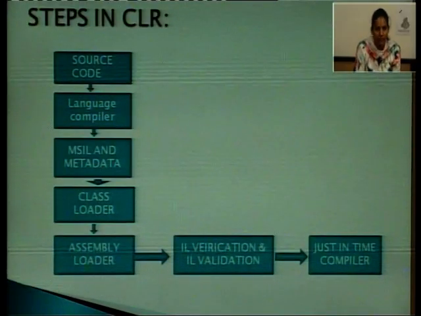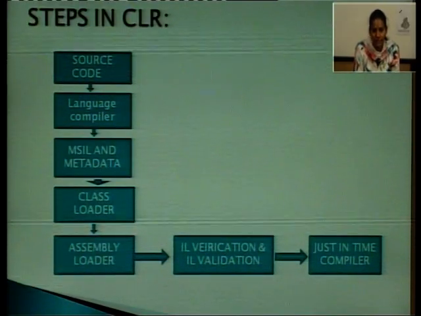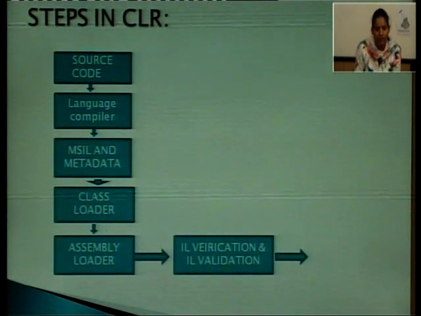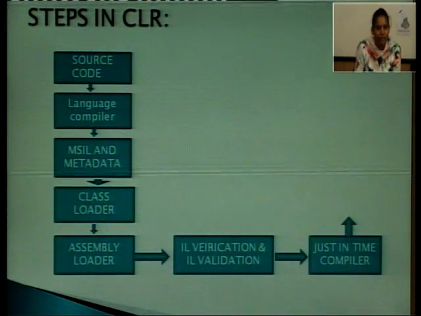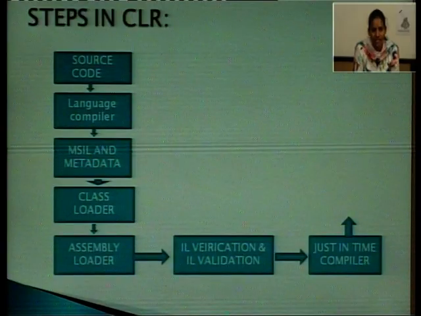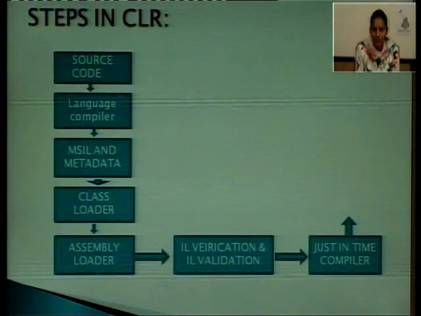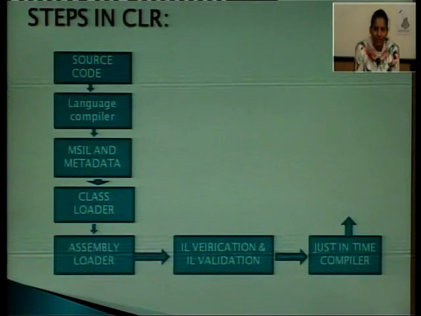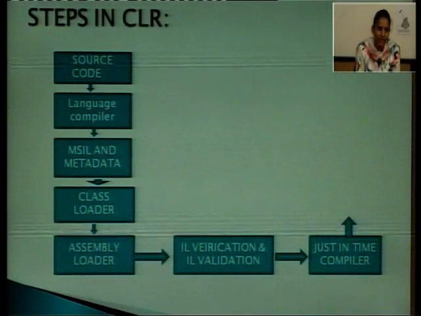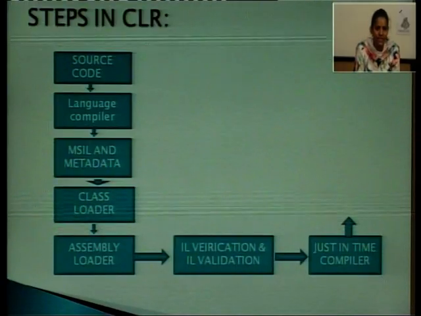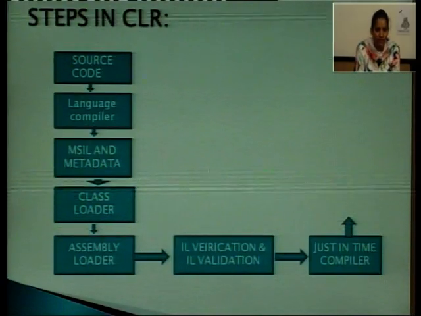So when we first execute an application in the .NET Framework, it starts from the source code. The next time we execute the same application, it starts from the portable executable file, not from the source code.